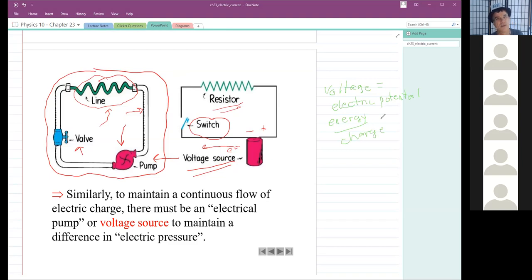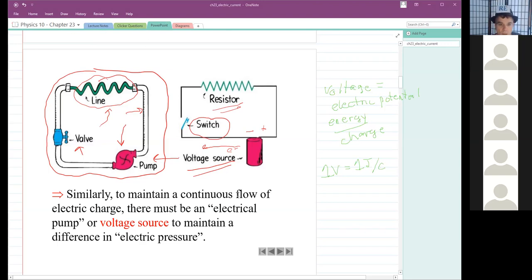And in terms of units, if this is important to you, if not, don't worry about it. 1 volt is equal to 1 joule per coulomb. Meaning for every coulomb of charge that passes through a battery, it gets a potential difference of 1 volt. Don't worry about that. Think about this. The pump is maintaining a difference in electric potential between the two ends of a pipe, let's say.